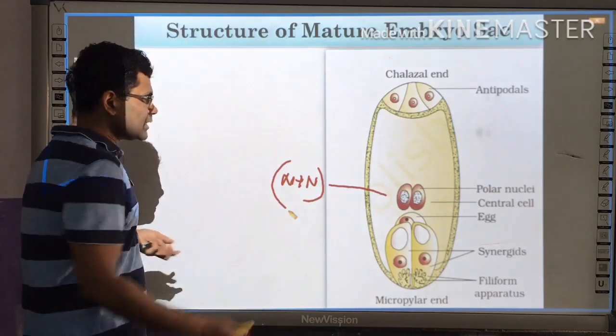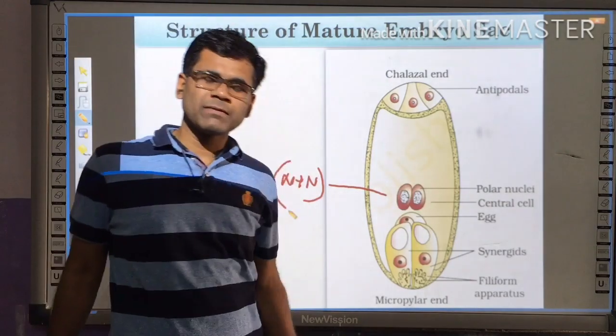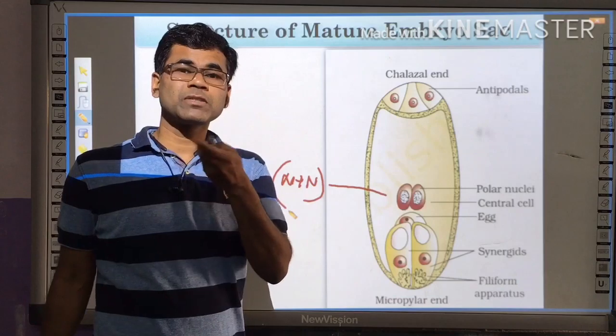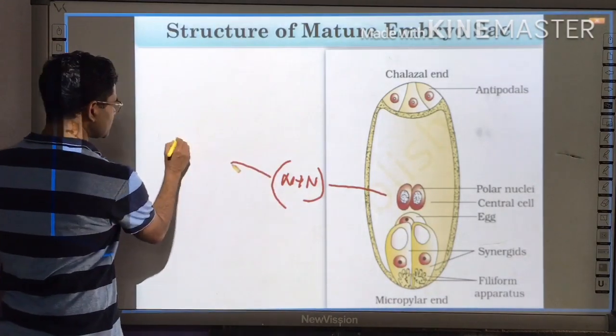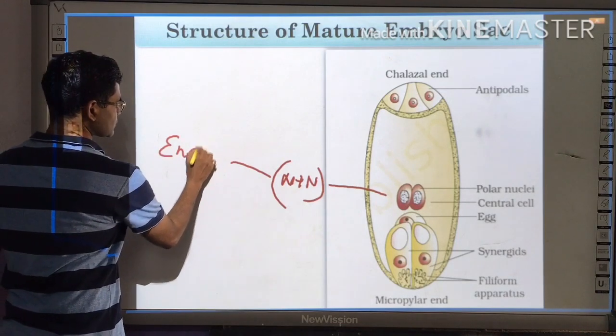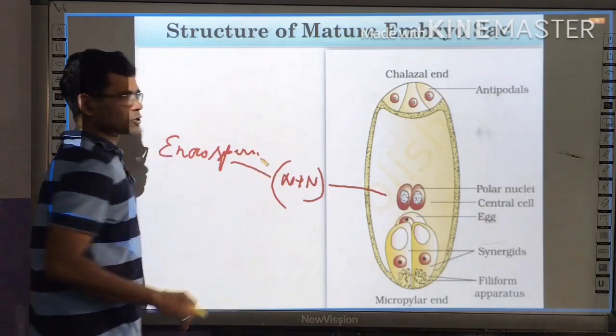Okay. This central cell is the second part of double fertilization, and it is responsible for formation of endosperm.